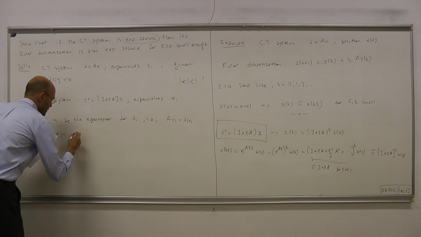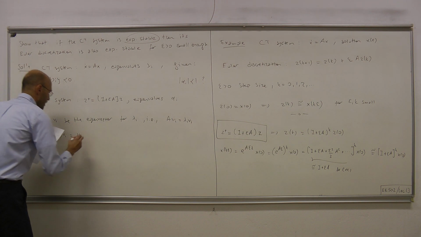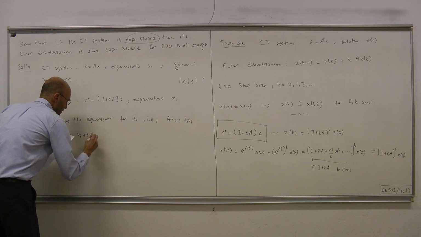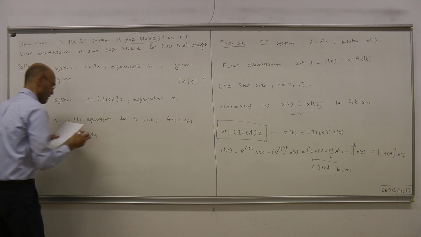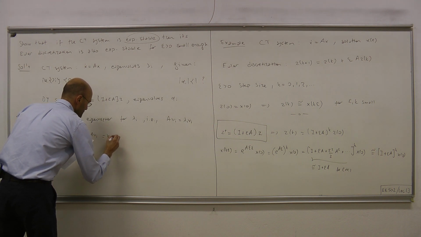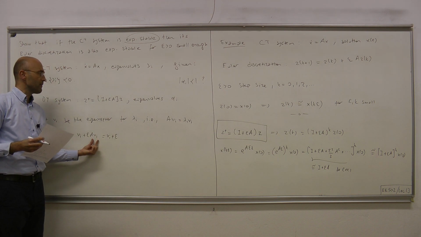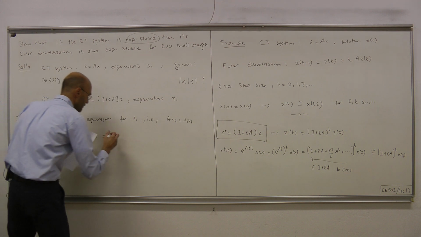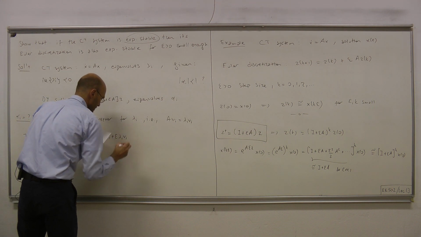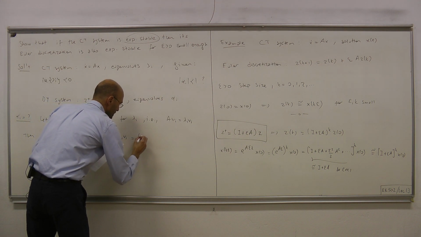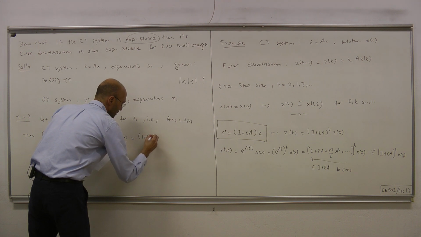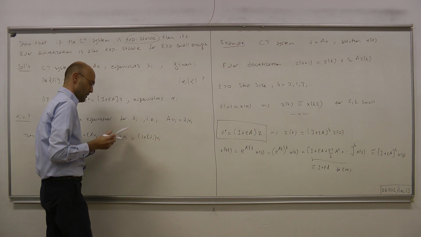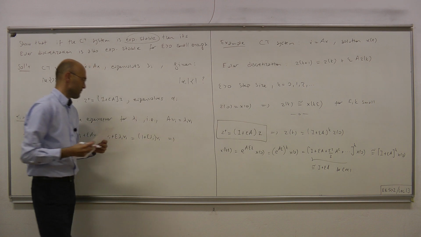We have v i plus epsilon A v i. Now A v i is lambda i v i, so that can be written as (1 plus epsilon lambda i) v i.